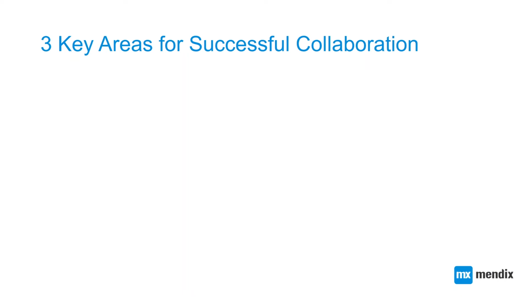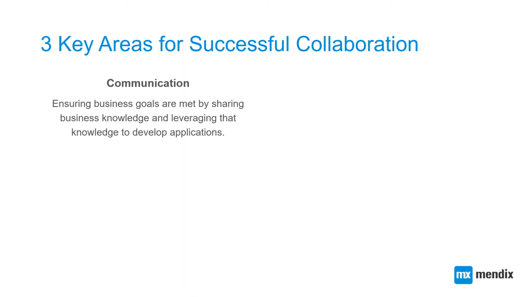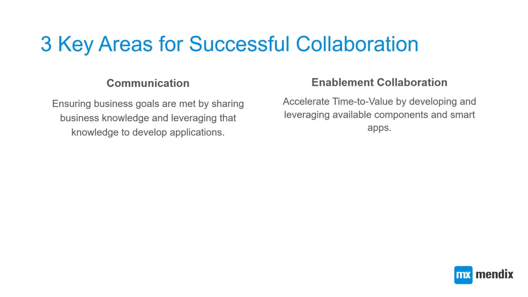So Mendix believes that there are 3 key areas that help with successful collaboration. The first one is communication, so ensuring both business and IT have a central place where they can share business goals and make sure that that business knowledge is shared and leveraged to develop applications. The second one is enabling collaboration, so being able to create components that accelerate the time to value and making these available and easy to use for all types of developers within an organization.